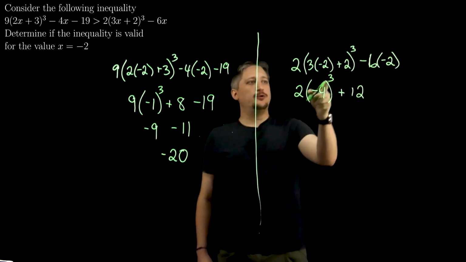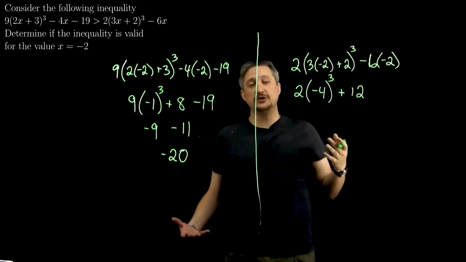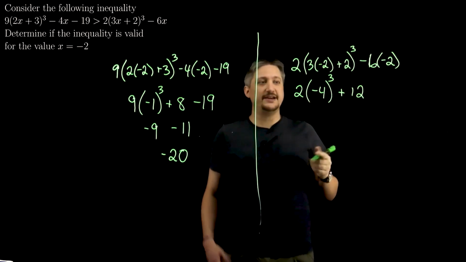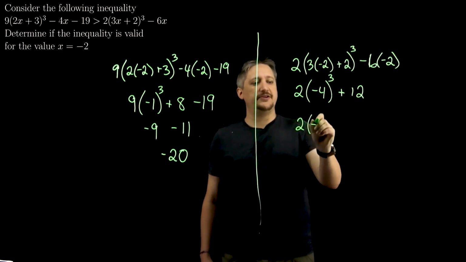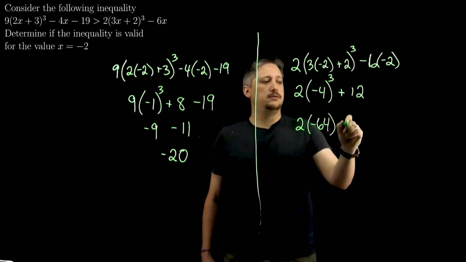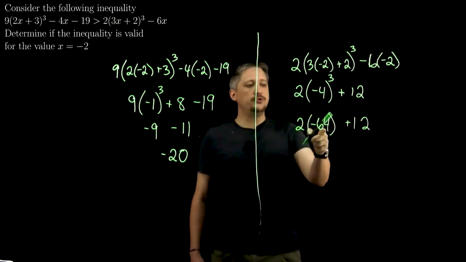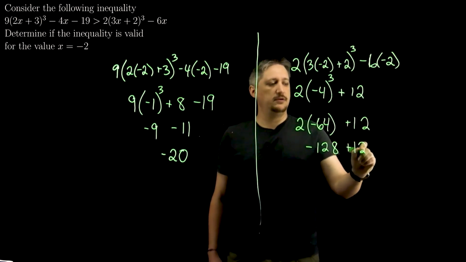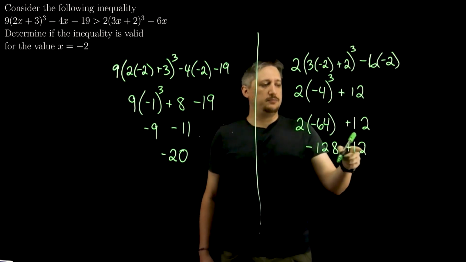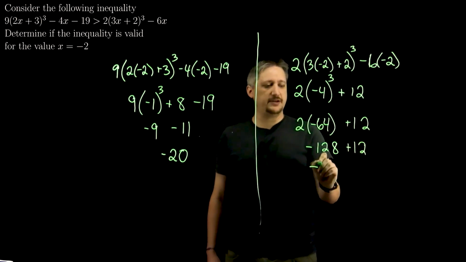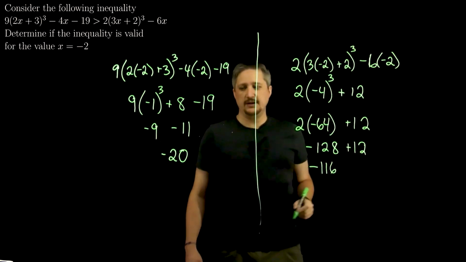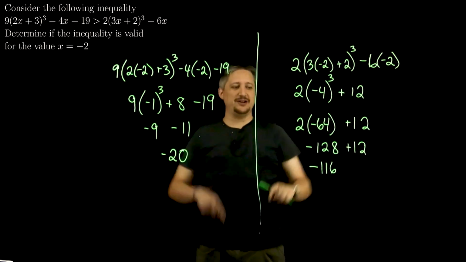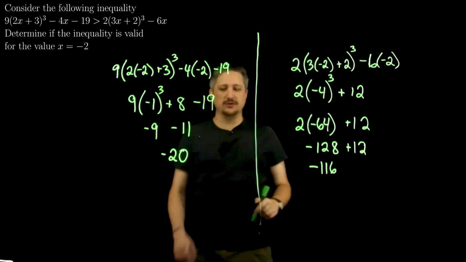Now here I have -4 cubed, so 4 cubed, 4 times 4 is 16, times 4 is 64, and the negative cubed stays negative, so this is going to be 2 times -64 plus 12. 2 times -64 is going to be -128 plus 12. And then putting those together, -128 plus 12 is -116. I mean, honestly, I could have stopped here because that's very clear, the relationship to -20, but just to go the full way and make sure.